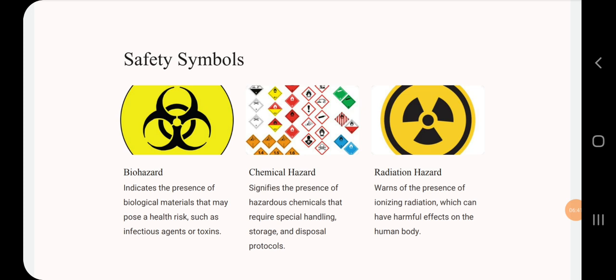Chemical hazard signifies the presence of hazardous chemicals that require special handling, storage, and disposal protocols. Radiation hazard warns of the presence of ionizing radiation, which can have harmful effects on the human body.